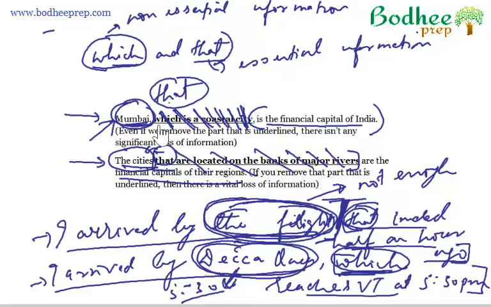Before which we can always have commas. Whatever you put in commas is usually non-essential. We saw this in the earlier video on relative clauses. Whenever something is non-essential, you can put it in commas, but if something is essential, you remove the commas. This is one of the thumb rules of comma usage, and this is all about which and that.